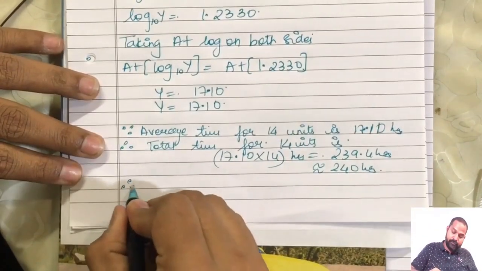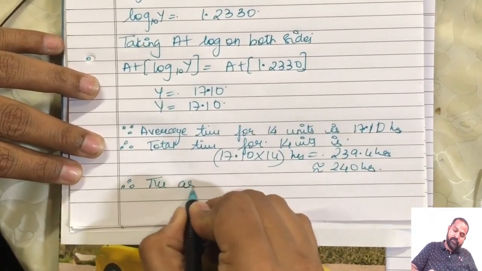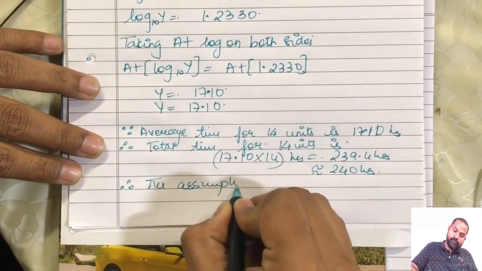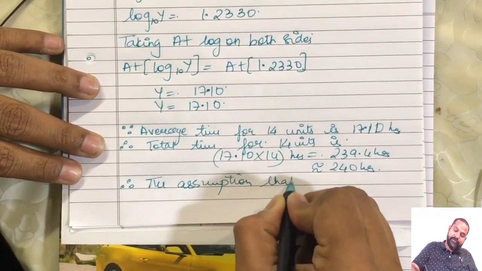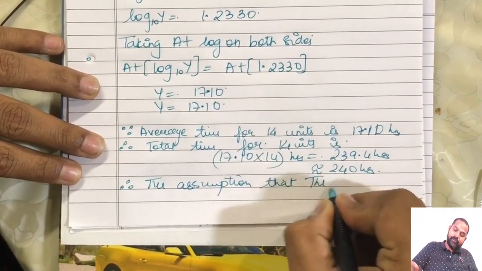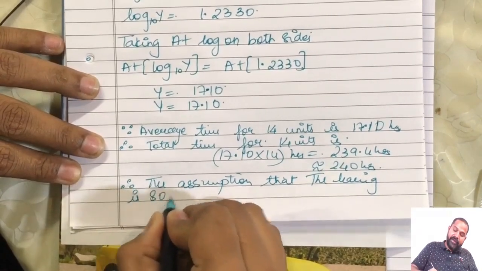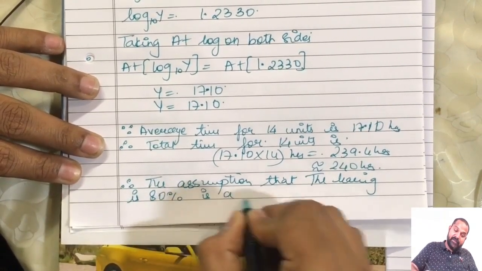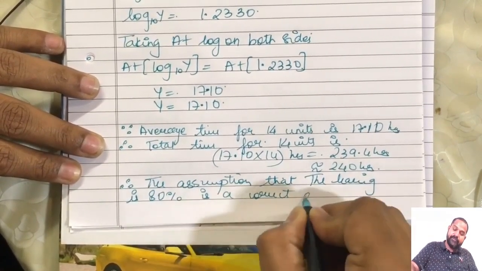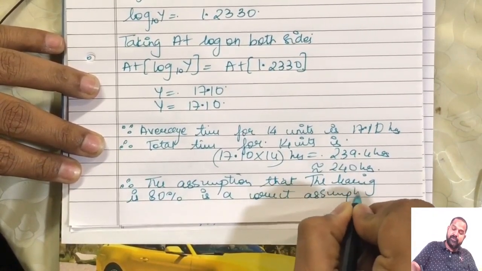Therefore, the assumption that the learning is 80% is a correct assumption.